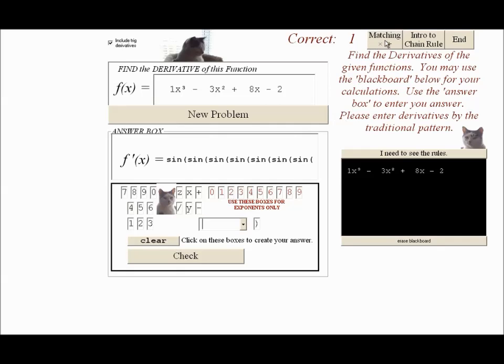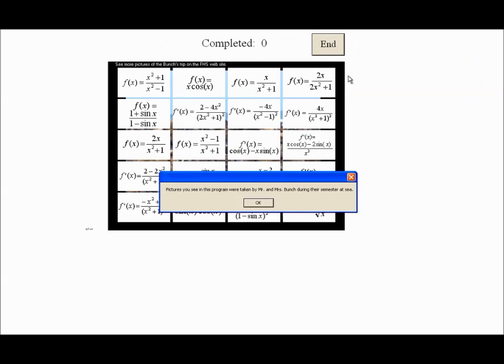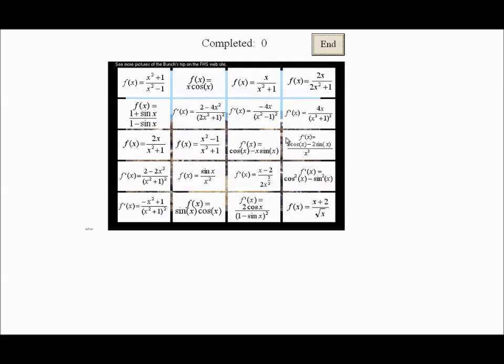Then there's some problems here that are matching, where the problems get a little bit more difficult. I've used this engine before. You're given an equation, and this one would be the product rule. Let's just do this one.